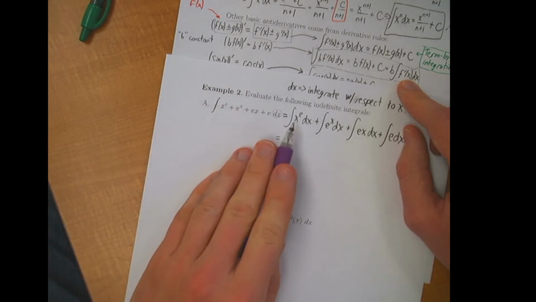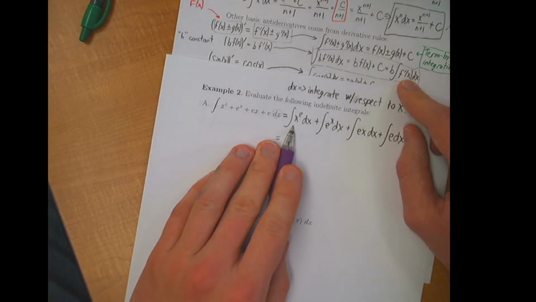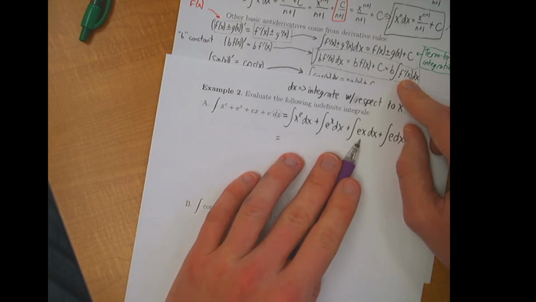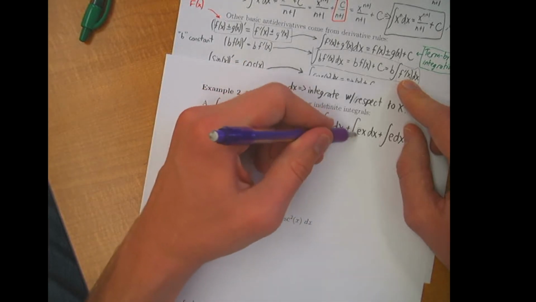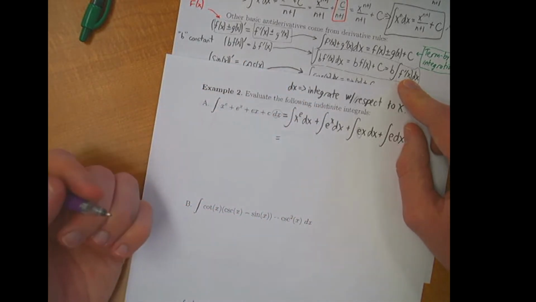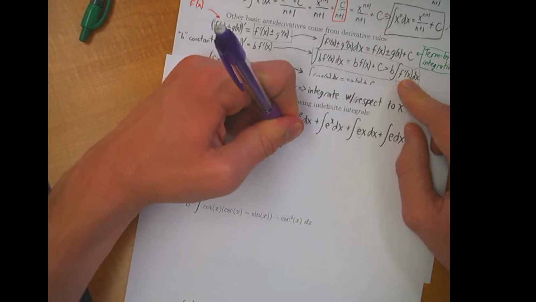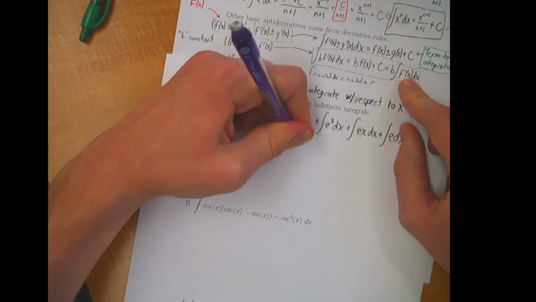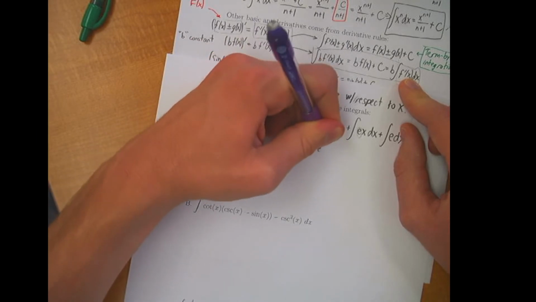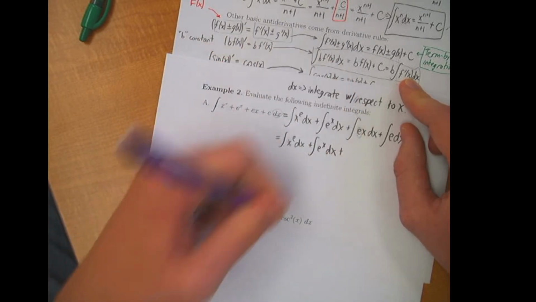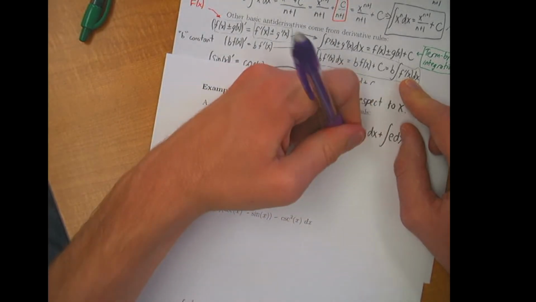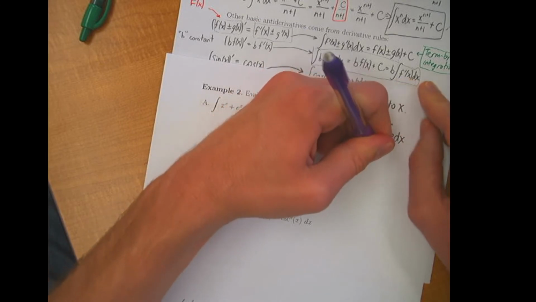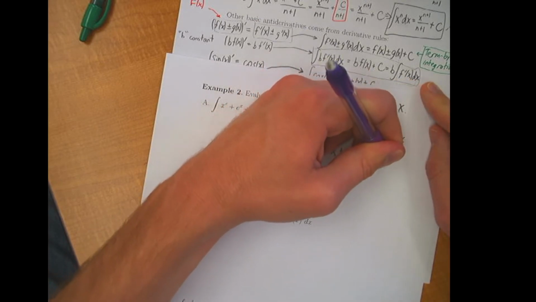We have x to the e, no constants, so don't worry about it, plus e to the x, nothing there, plus e times x, oh wait a minute, we have this constant e which can be thrown outside. So this is the integral of x to the e dx plus the integral of e to the x dx plus e times the integral of x dx plus e times the integral of dx.